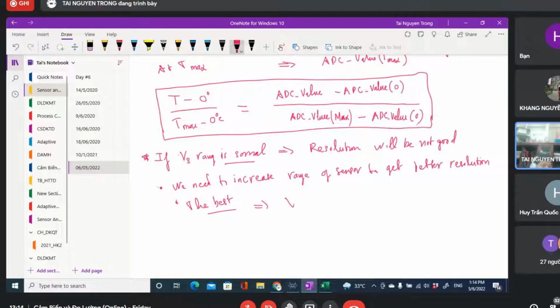Okay, the best way is V min equal to 0 and V max equal to V ref.